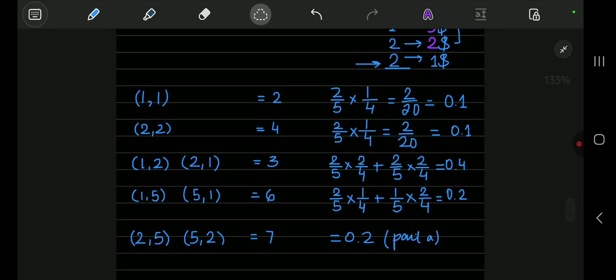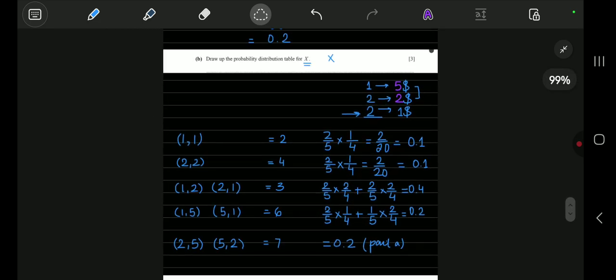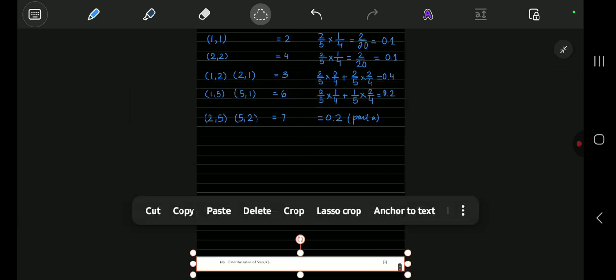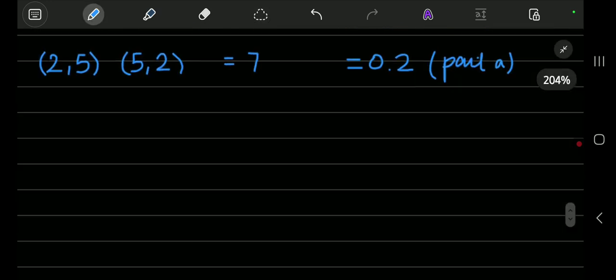Now let's make the probability distribution table for it. In the probability distribution table, what do we take? For the first one we take the x values, for the second one we take the probability values. Okay, so x is equal to r.